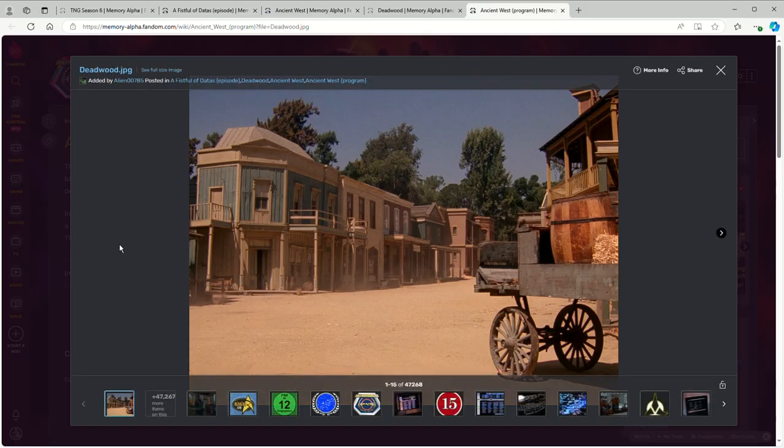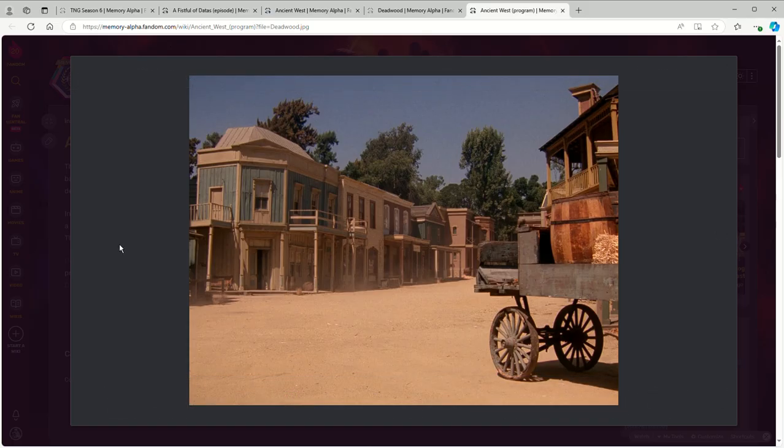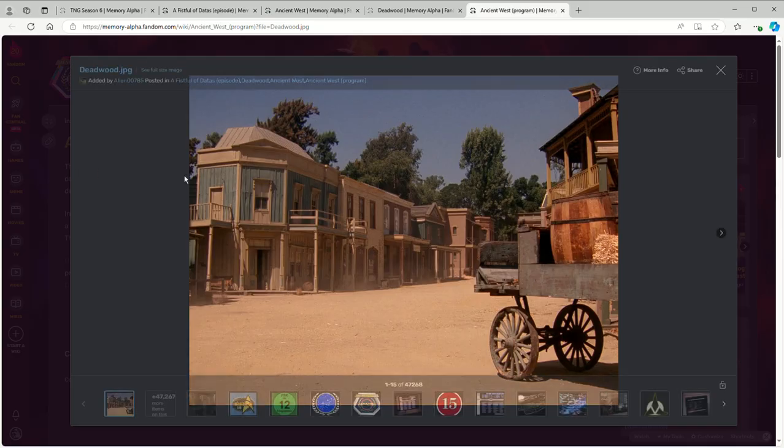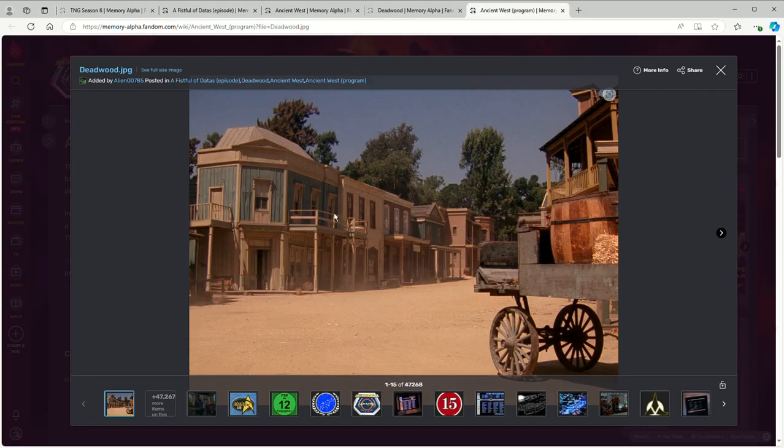Yeah, when you take a close look at this, it really feels like a Hollywood set, because look at this building here and you see that the building ends right here. This doesn't make sense as a frontage style building. It makes sense as something that keeps going even further.